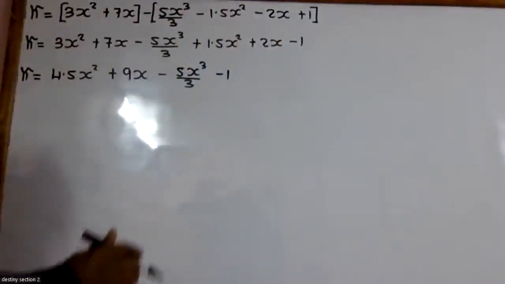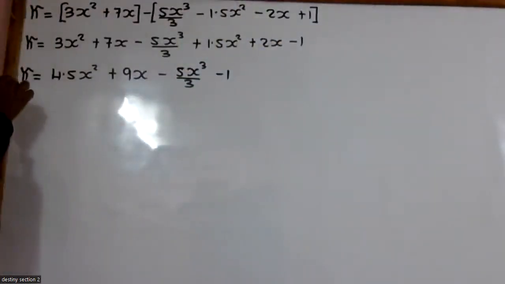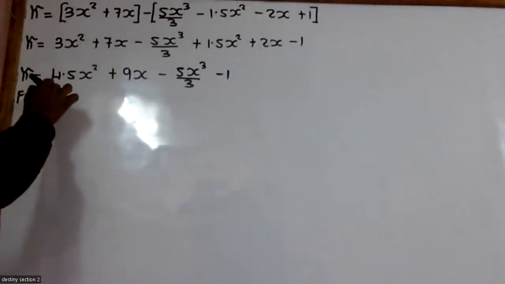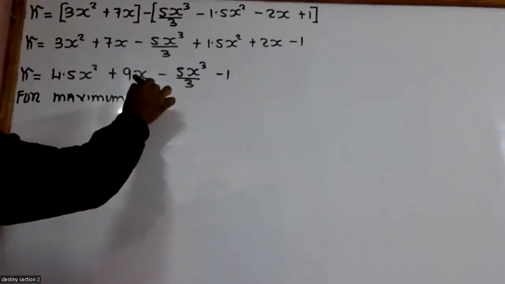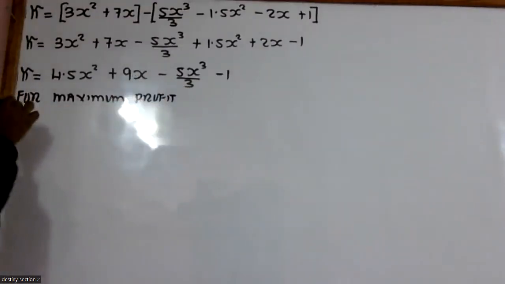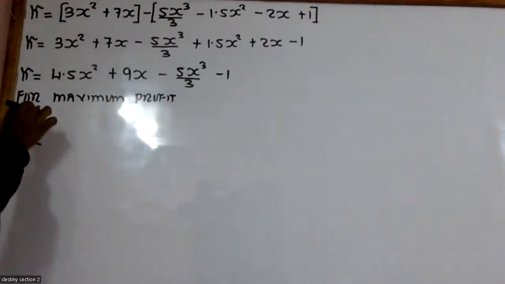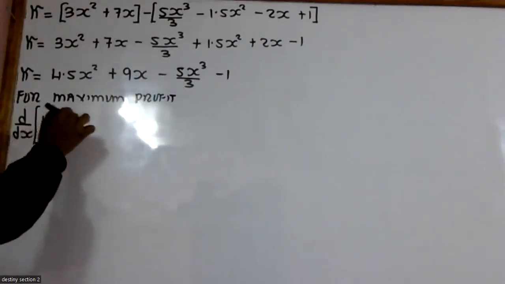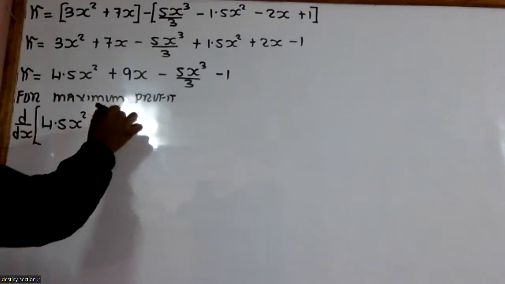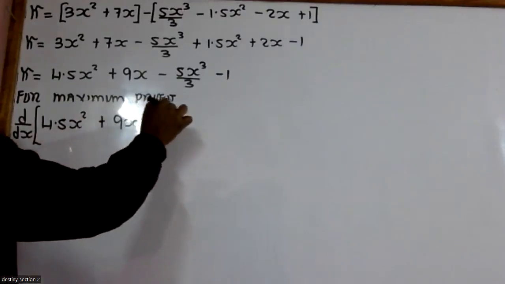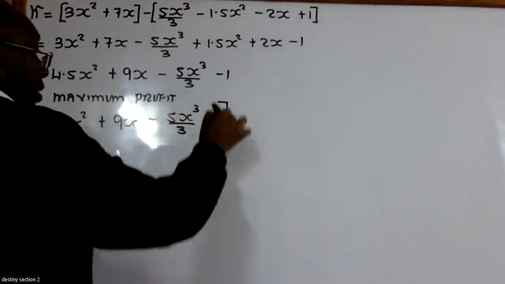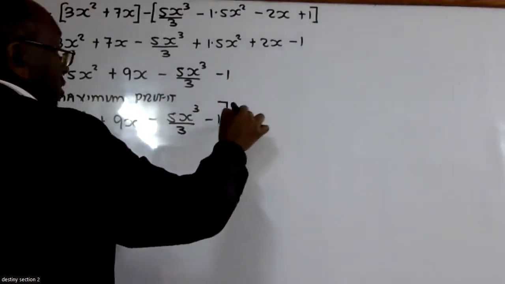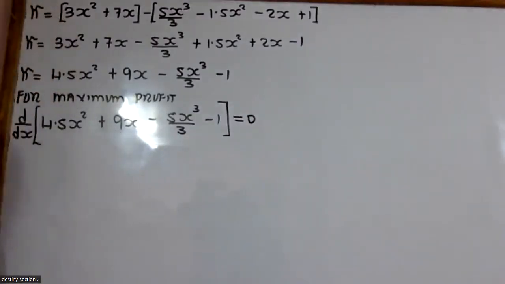So, we further say that if you desire maximum profit, you say for maximum profit, if you differentiate this function with respect to x, 4.5x squared plus 9x minus 5x cubed out of 3 minus 1, you should be able to get a 0.